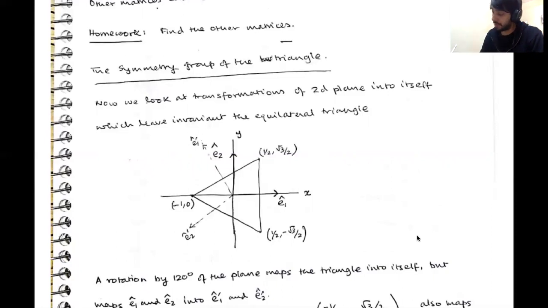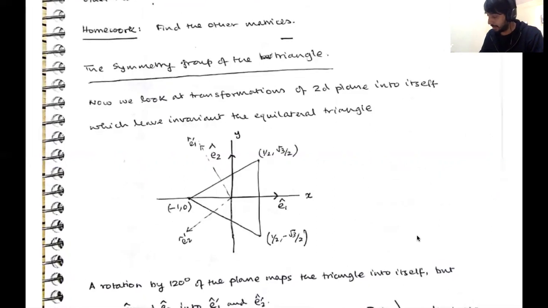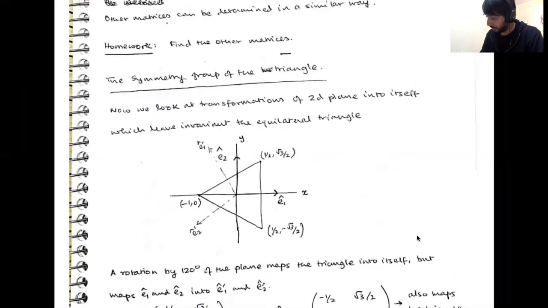So if you want to represent a rotation matrix R, this is something that you know well: if you have a vector (x, y) and you want to rotate it by an angle theta, then you have the matrix with rows cos theta, minus sine theta and sine theta, cos theta, acting on (x, y).